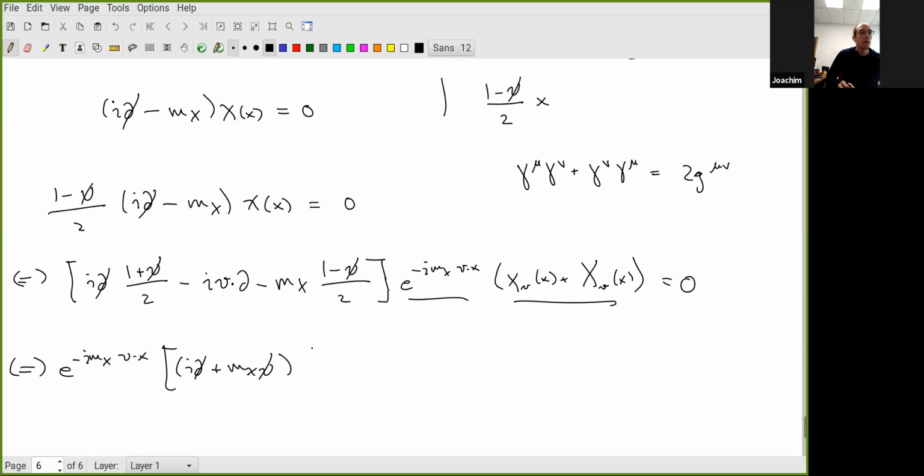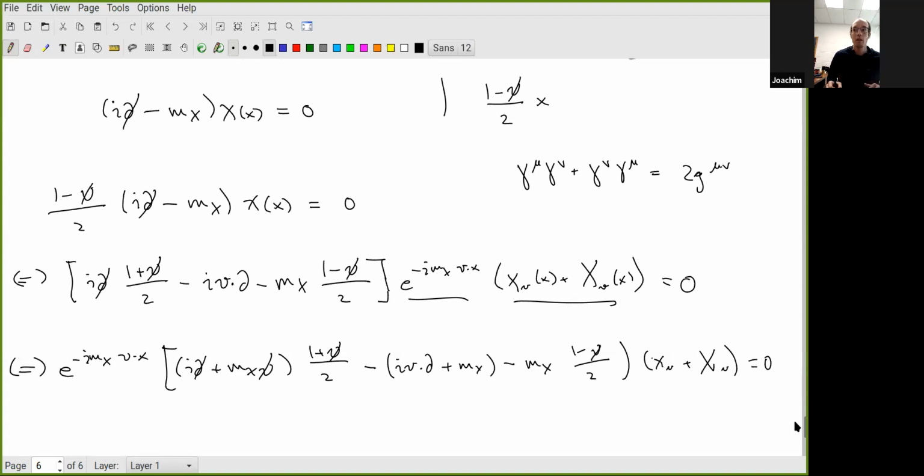And then this factor, this projector, (1 plus v-slash) over 2, minus, again, here I pick up a term from the derivative, which is just plus m_chi, and then minus m_chi (1 minus v-slash) over 2, times chi_v plus capital Chi_v equals 0.